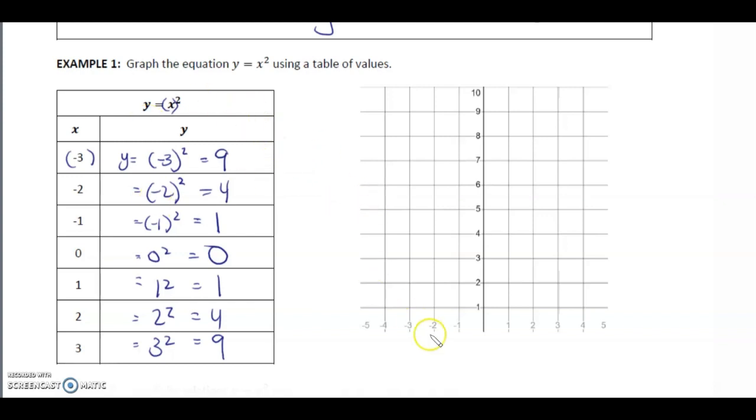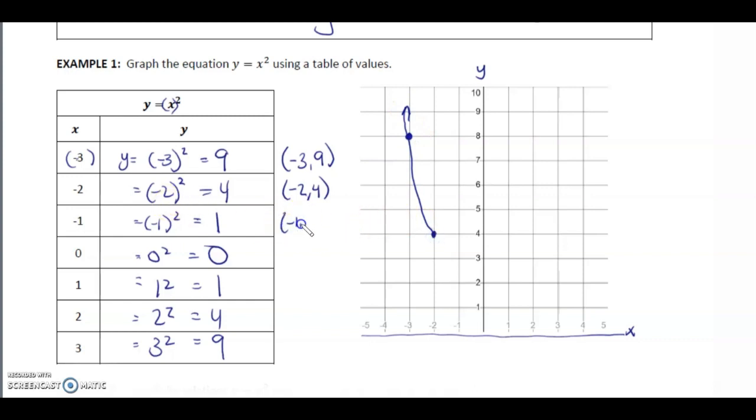Okay, so if we graph this, and this is actually our x-axis, and then our y-axis, we're going to get, remember this negative 3, 9 is actually the point negative 3, comma 9. So we go negative 3, comma 9, and we plot a point. And then negative 2, comma 4, and we plot a point.